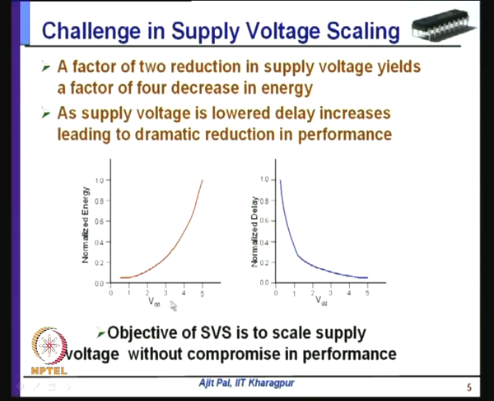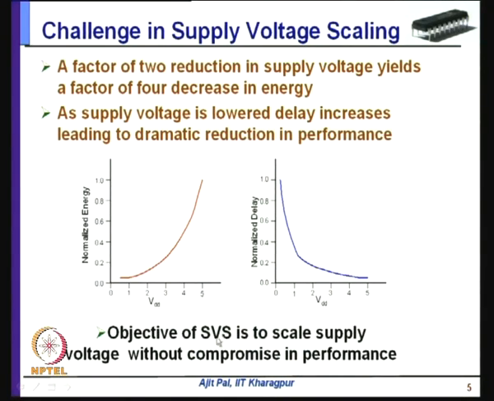As you can see in this curve, the normalized energy is plotted against the supply voltage. As the supply voltage is reduced from 5 volt to 1 volt, we can see how the energy dissipation is getting reduced. Unfortunately, as we do so, we find that the delay is increasing sharply. So, what does it mean?